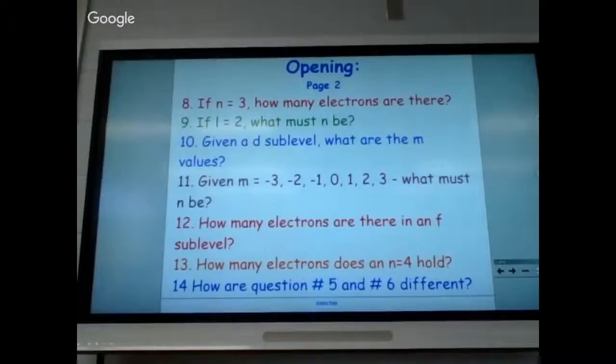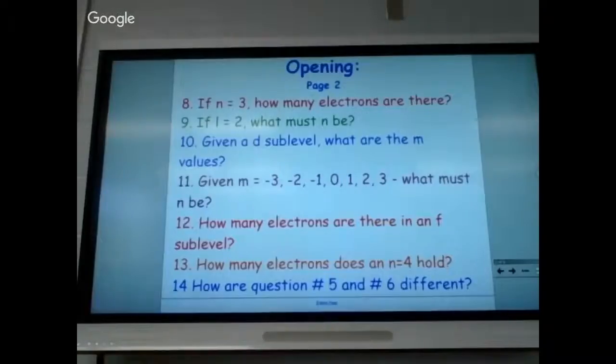If L equals 2. L already equals 0. Are we doing what I asked or are we moving on?